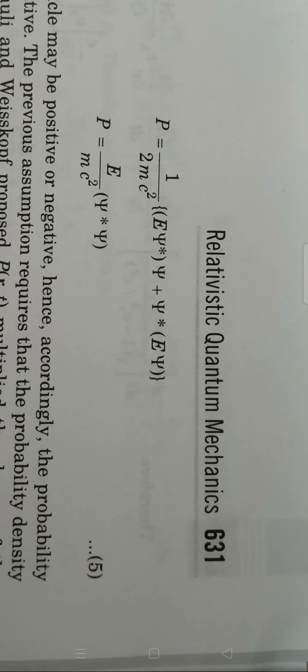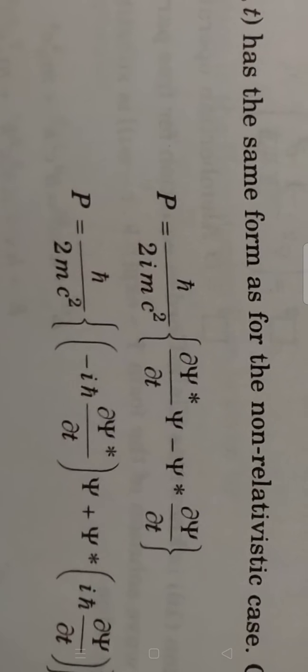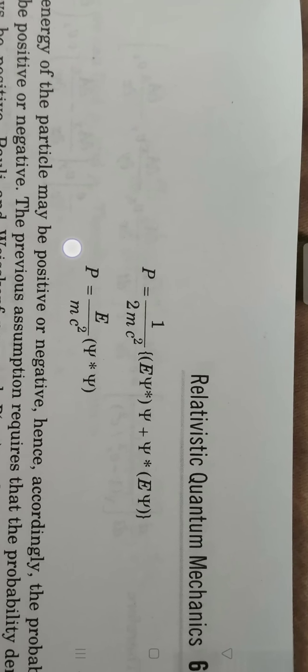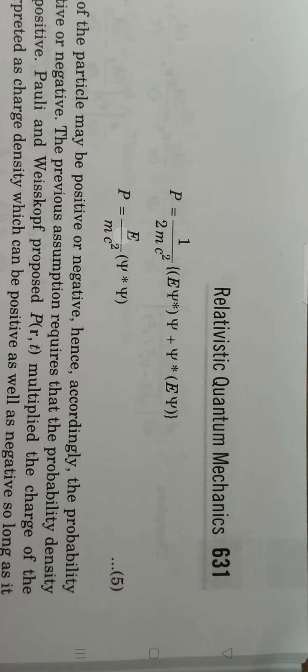Here h cross is not there, it is a wrong print. Here 1 is there. This is E psi star psi, because E is an operator, dou by dou t.